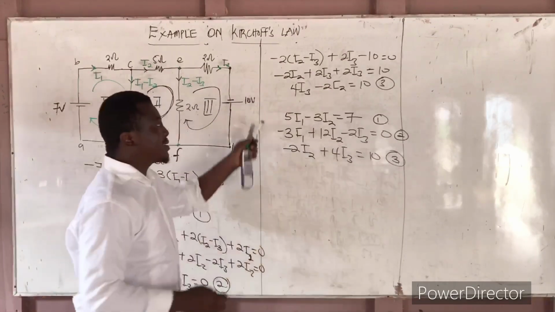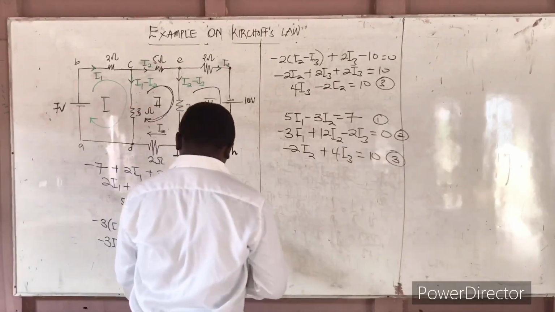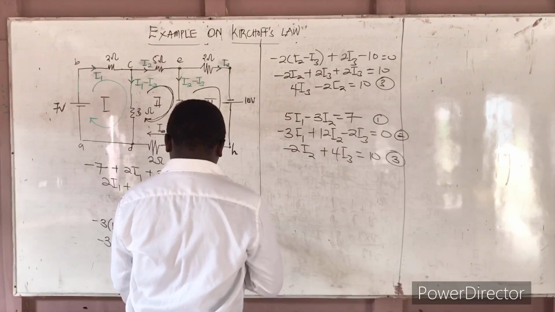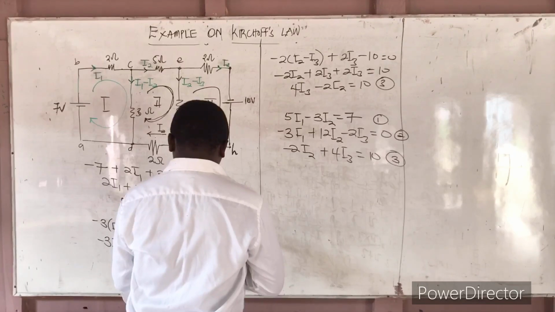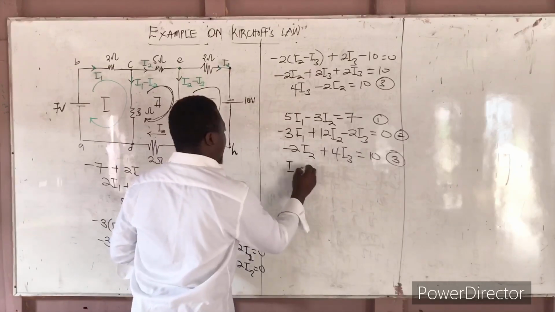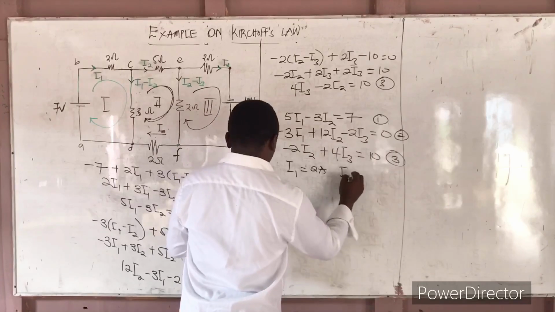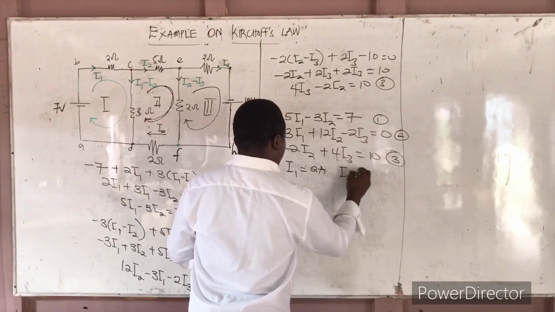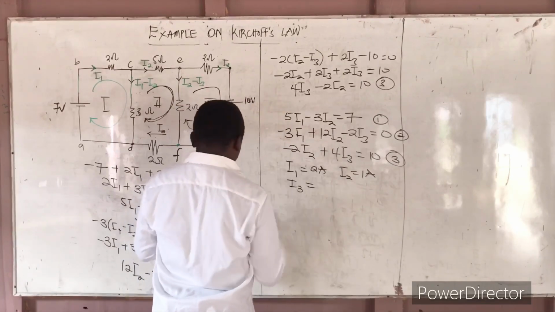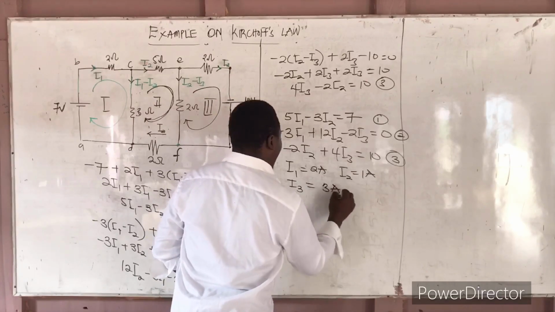You can solve these 3 equations simultaneously, and you get I1 to be 2 amps, I2 to be 1 amp, and I3 to be 3 amps.